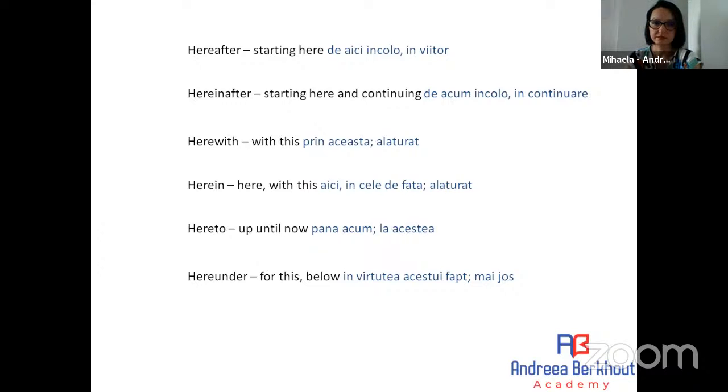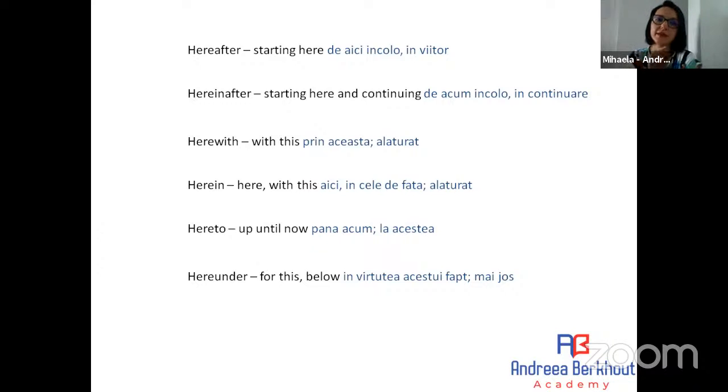Herein, here, with this. Aici, în cele de față, alăturat. Hereto, up until now, până acum, la acestea. Hereunder, for this, below, în virtutea acestui fapt, mai jos.